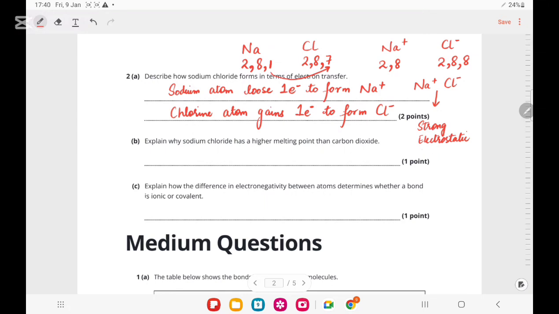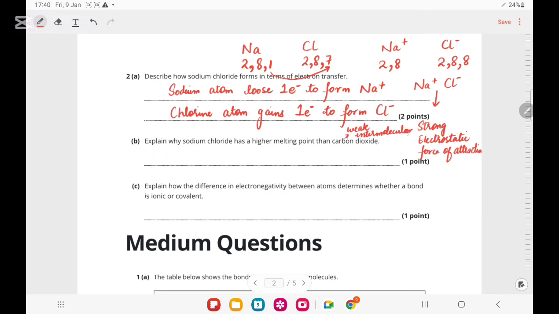The other name of electrostatic force of attraction is Coulombic force. Because of this they are going to have high melting point than carbon dioxide, and carbon dioxide is going to have weak intermolecular force of attraction.